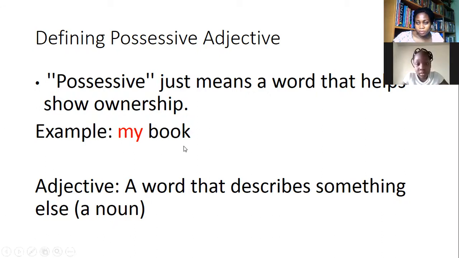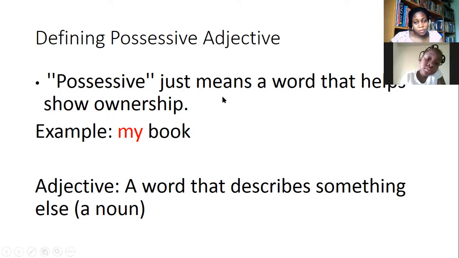My book means the book is for whom? Me. Yes. Now your book, Lali, so it means the book is for who? You. Do you get it? Yes. Good.